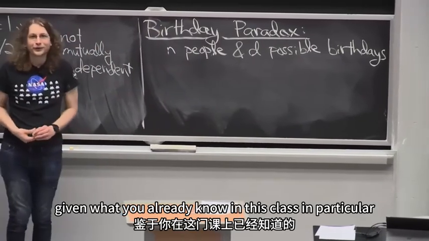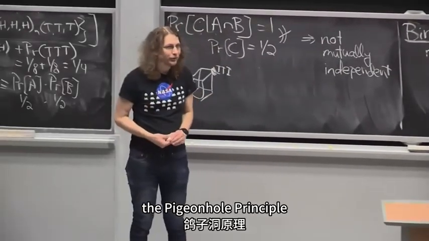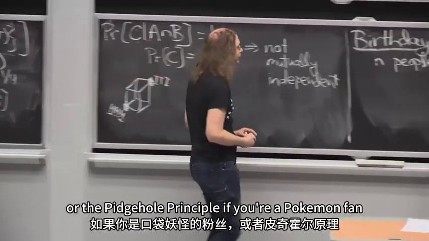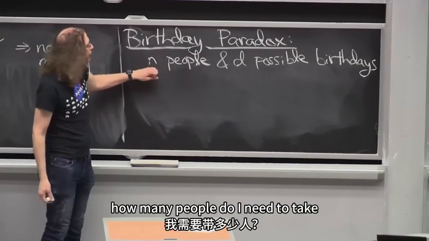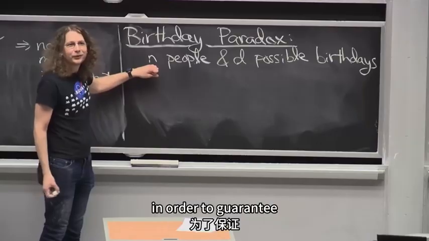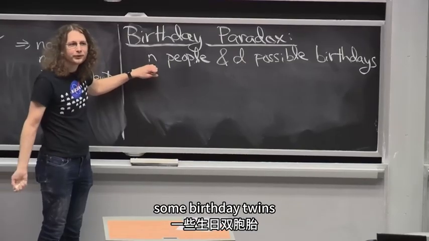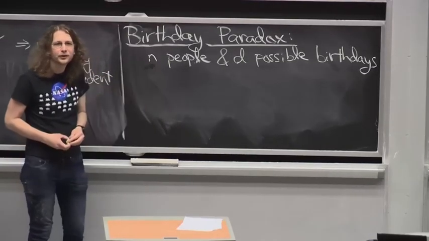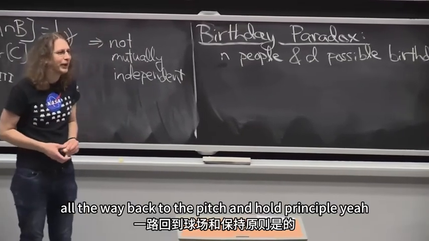Given what you already know in this class, in particular the pigeonhole principle, or the Pidgey-hole principle if you're a Pokemon fan, how many people do I need to take in order to guarantee that I have a duplicate birthday, some birthday twins? You remember all the way back to the pigeonhole principle?